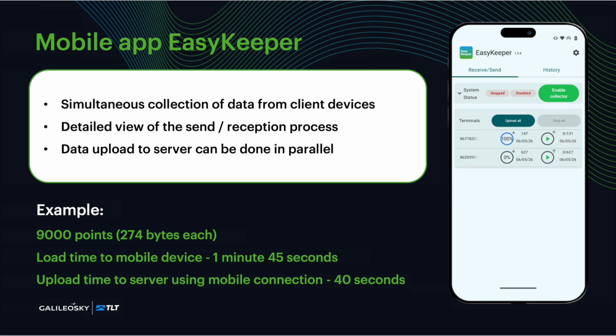It will take 1 minute and 45 seconds to transfer from the device to the phone, and then from the phone to the server using a mobile connection can take up to 40 seconds. So we are talking about a great improvement in the speed.